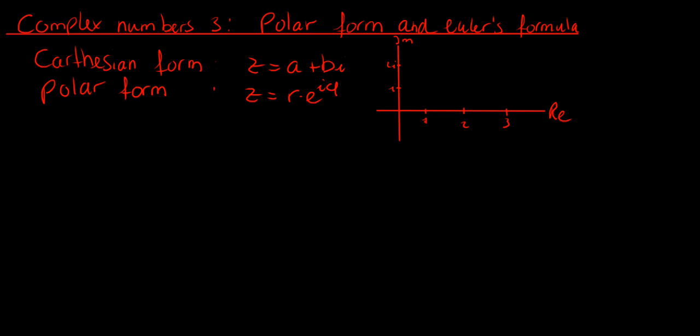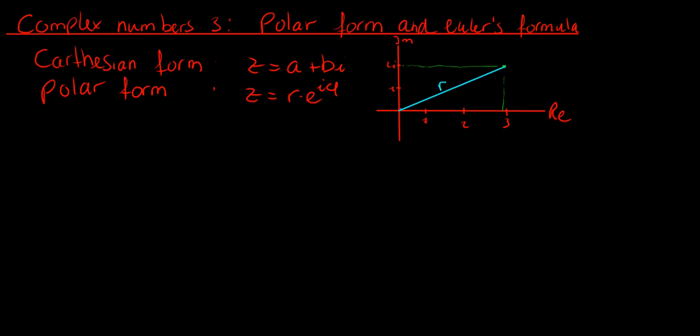If we take a look at a number, namely 3 plus 2i, right here, then in the Cartesian way, we would define it as the real part plus the imaginary part with i added next to it.